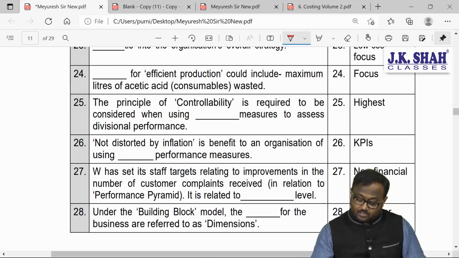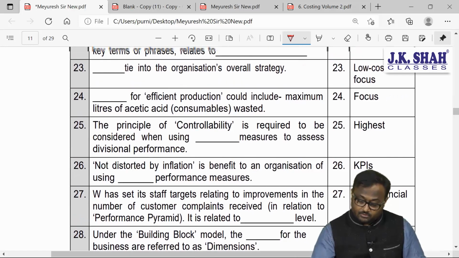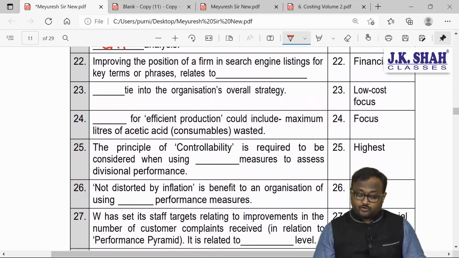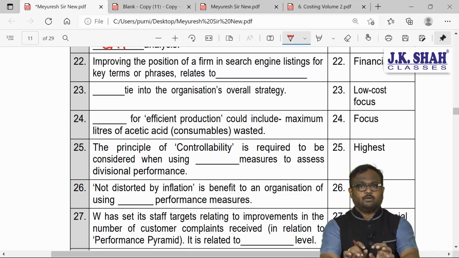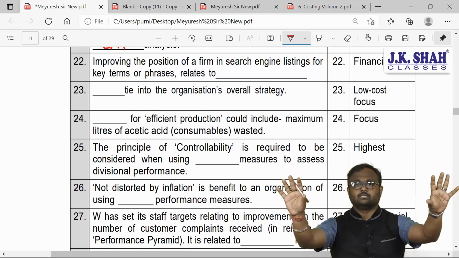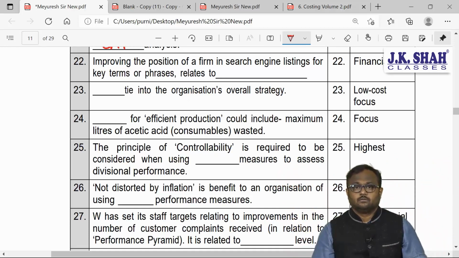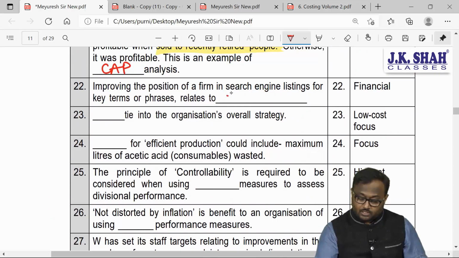That means basically we are going for customer acquisition. Improving the position of a firm in search engine. Okay, someone types best coaching class for CA, JK Shah Classes. If I want my name to appear first, that means I am going out for a customer acquisition plan.